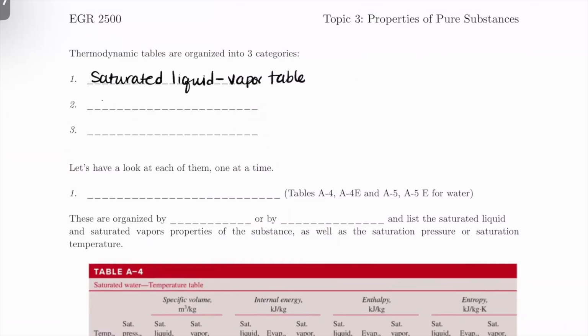We also have saturated vapor tables. And then finally, we have our compressed liquid table.